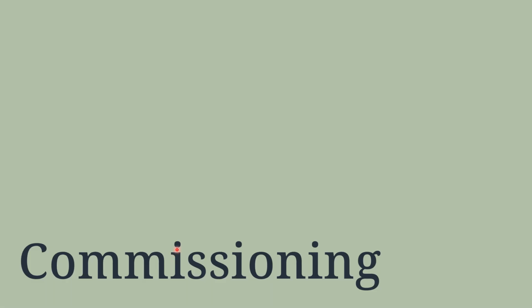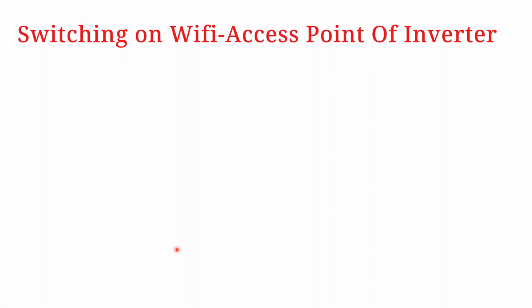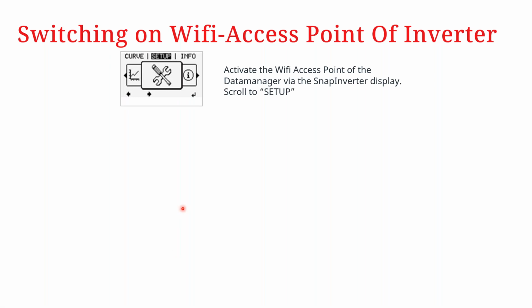So going forward, let's now take a look at how we can commission the system. First, we have to start by turning on the Wi-Fi access point of the inverter. So we'd have to activate the Wi-Fi access point of the data manager via the inverter display. We can do this by simply scrolling to setup.